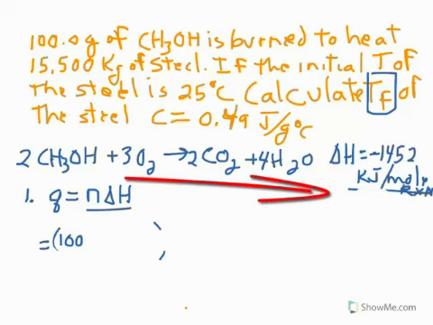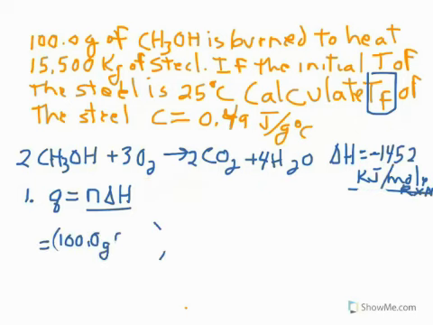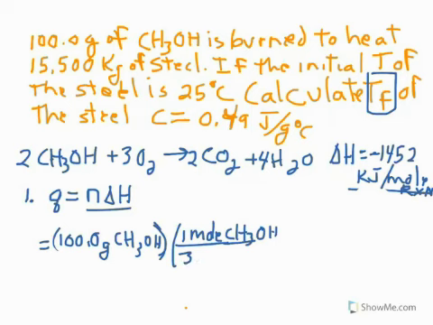100.0 grams of CH3OH times the molar mass of CH3OH, which you're going to have to show. 1 mole of CH3OH per 32.04 grams of CH3OH. And then this is going to be a strange conversion factor.